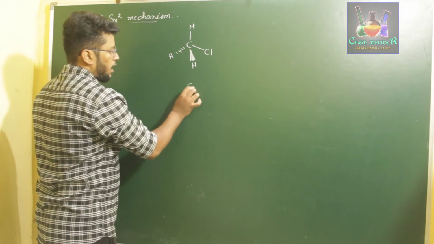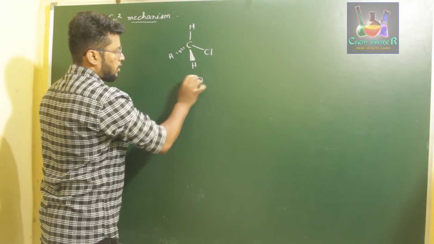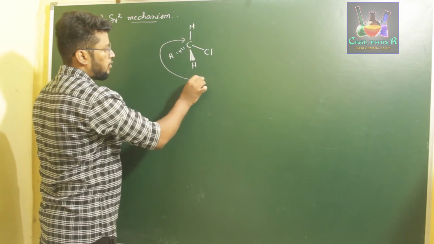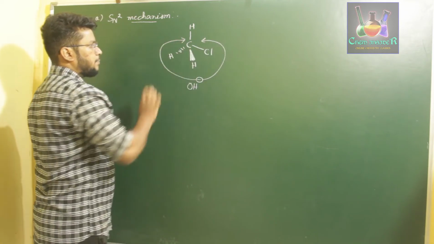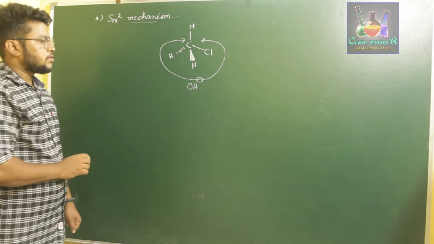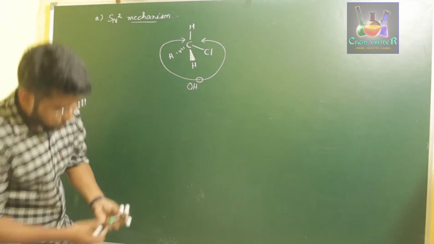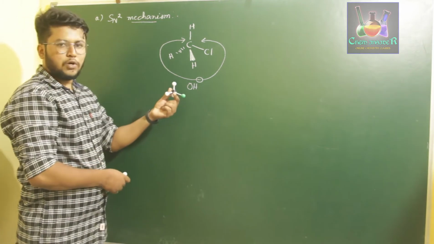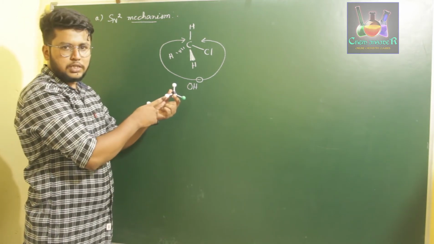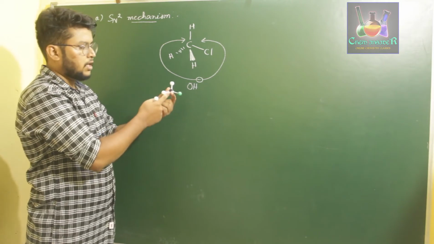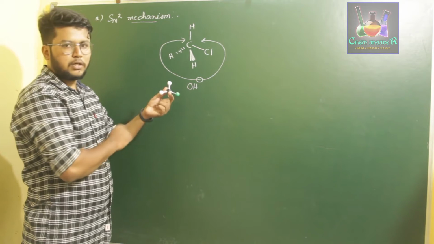So when we add OH minus, a nucleophile, it can attack from two sides, either from this side or from this side. If I take its geometry, it is like this. This is the CHCl3 compound, where we have hydrogens in white, carbon in black and the halogen group in green.